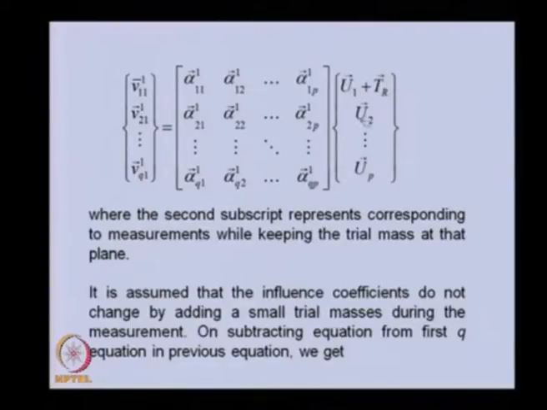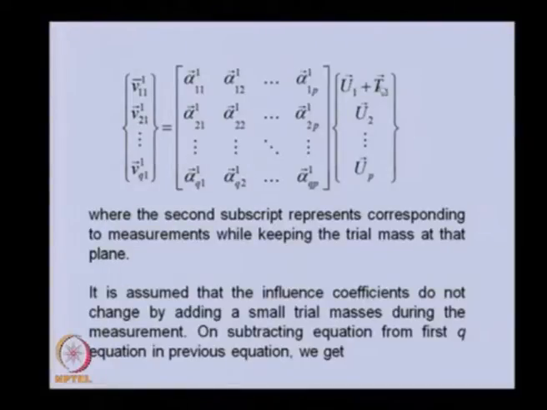These are residual unbalances which we do not know, and we want to find them out, but the procedure I am explaining here is to obtain the influence coefficient first. If we can get this from the previous equation, we can get these residual responses. This trial mass we know in magnitude and orientation.